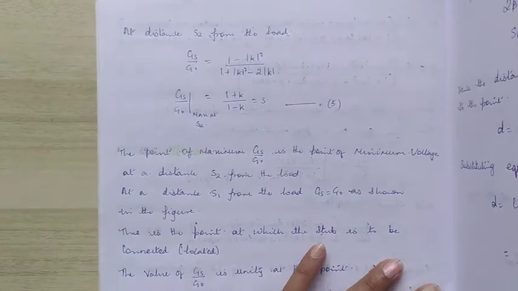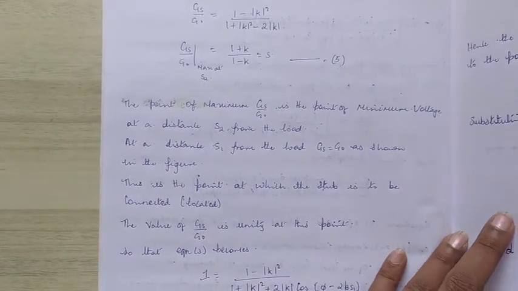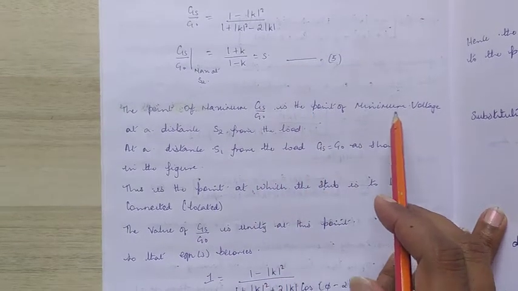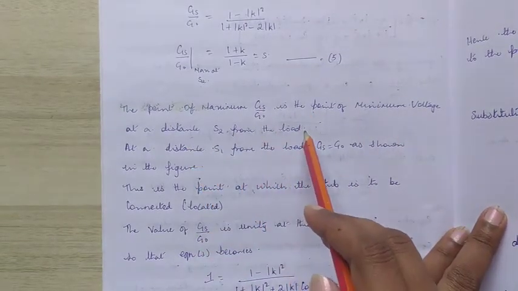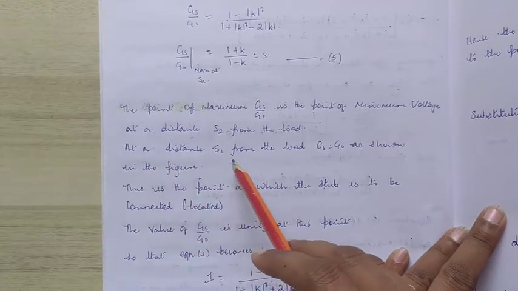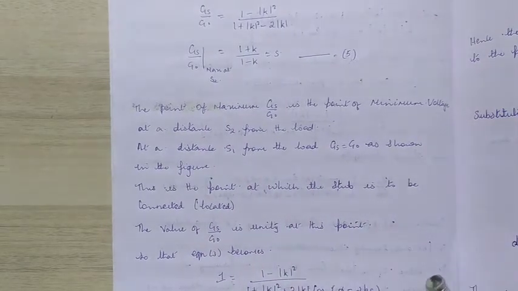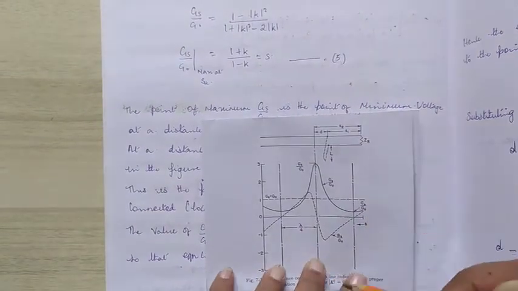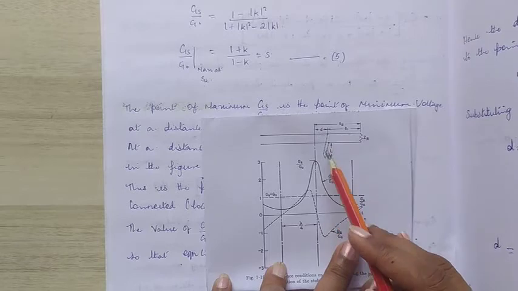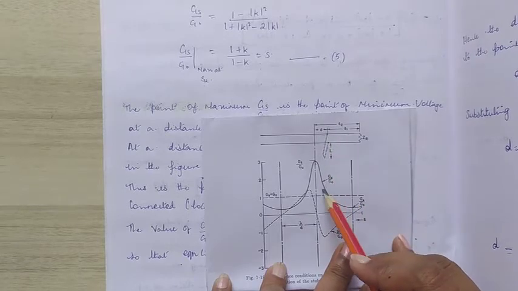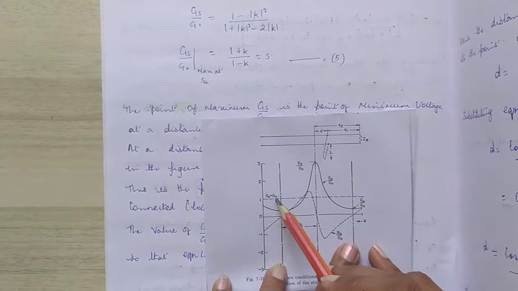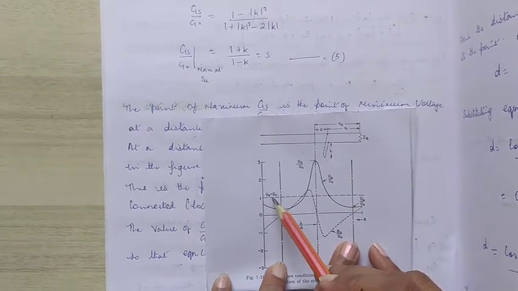Now, moving on, the point of maximum Gs by G naught is the point of minimum voltage at a distance S2 from the load, that we have already seen in the graph. Now at the distance S1 from the load, at this distance over here, corresponding to this point, we see that Gs is equal to G naught.